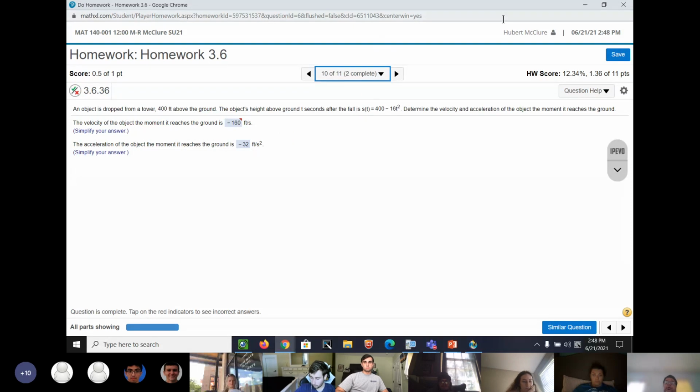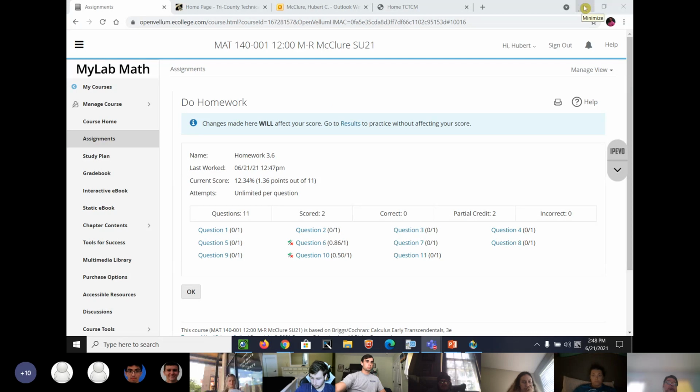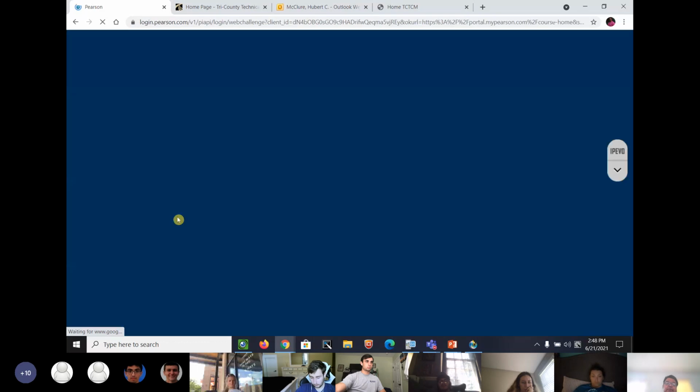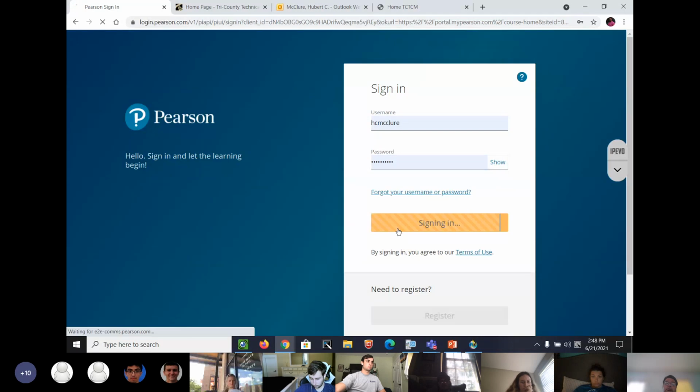All right, let's jump over to 3.11. And 3.11, that's where we're going to be working with just basic formulas, similar equations, taking the first derivative, that kind of stuff. Well, if my computer will work with me.